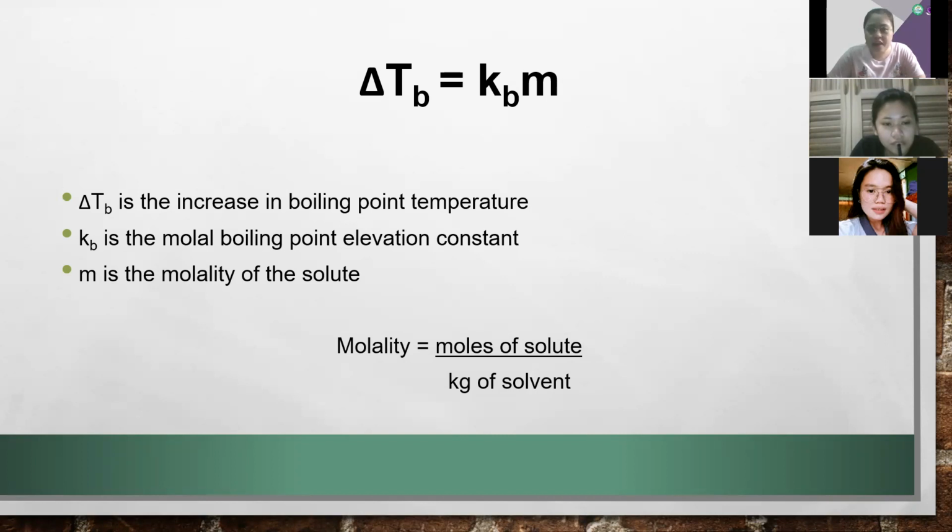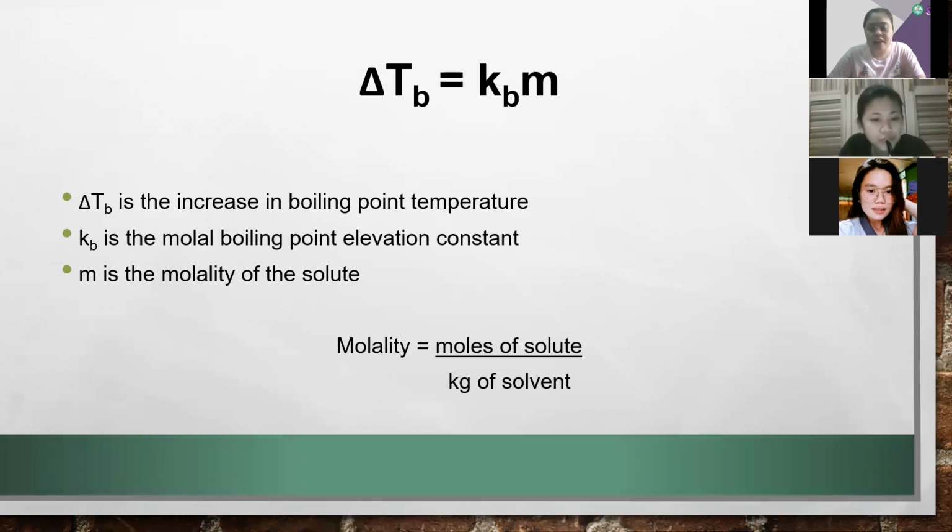Kb is a constant. We have a table for this. I told you yesterday that I am not requiring you to memorize the Kb of all our solvents. You can just make an index card and write the table there to aid you during the quizzes and the exam. And the small letter m here is the molality of the solute.